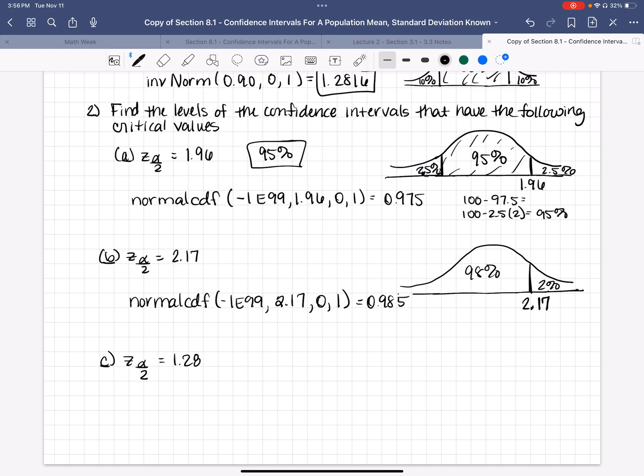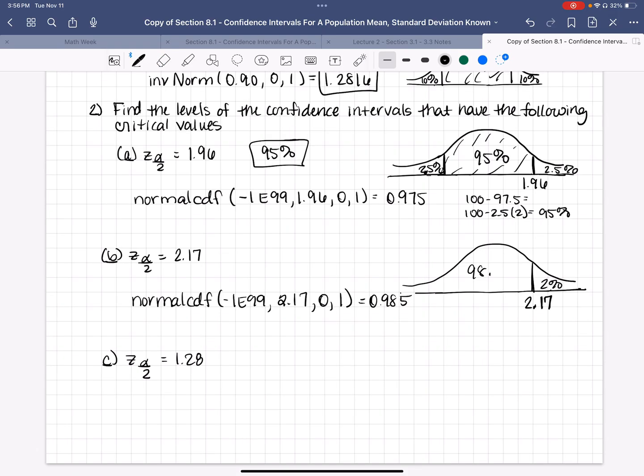So if this is 98.5%, then that means if I say 100 minus 98.5, that's going to give me 1.5. Okay, so that is 1.5%.